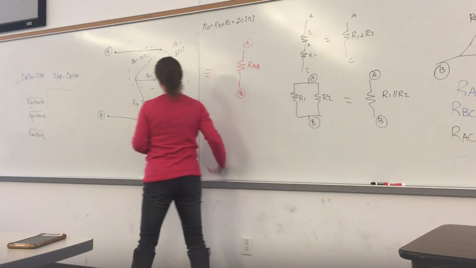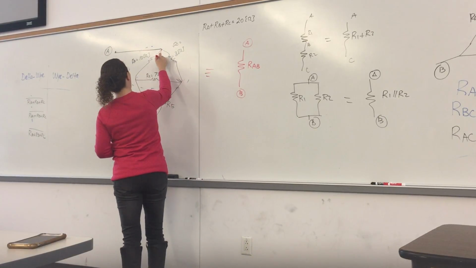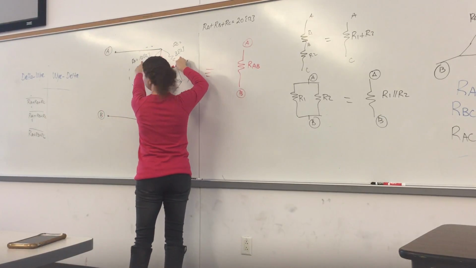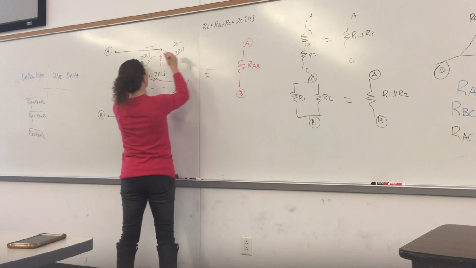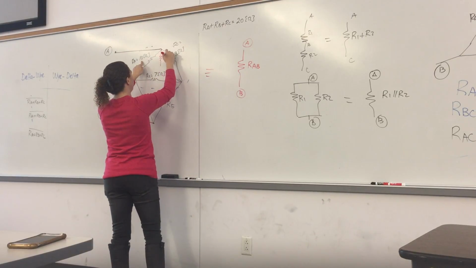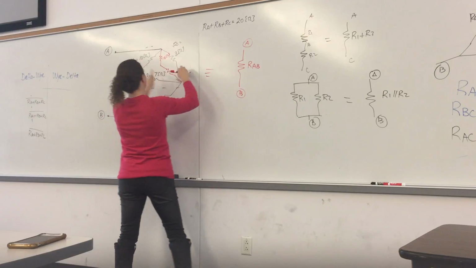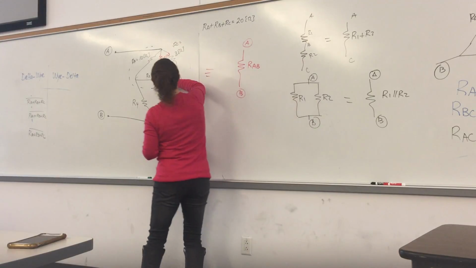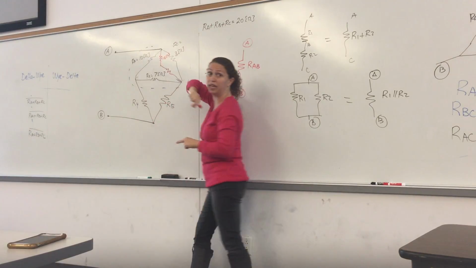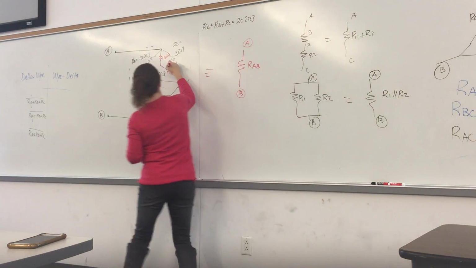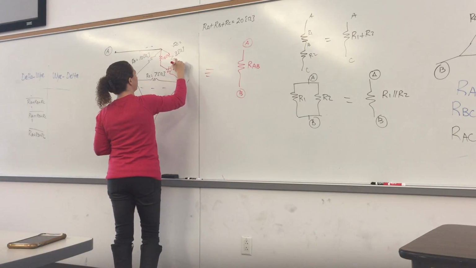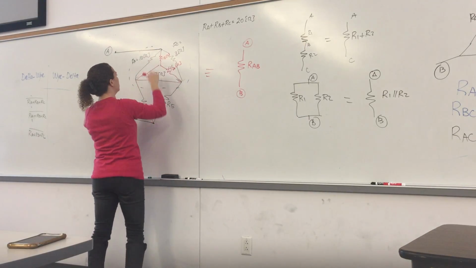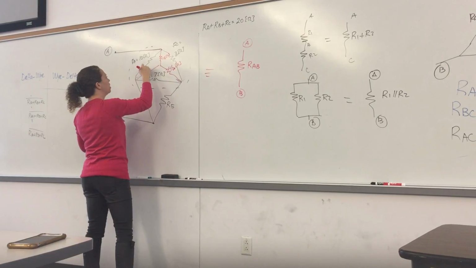So if you're going to the Y, that's going to be 10 times 3, 30 divided by 20, 1.5 ohm, right? This one over here is 3 times 7, 21 divided by 20. And this one over here is 10 times 7, 70 divided by 20.